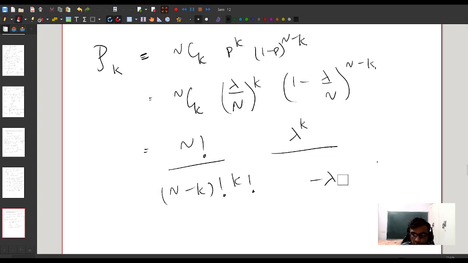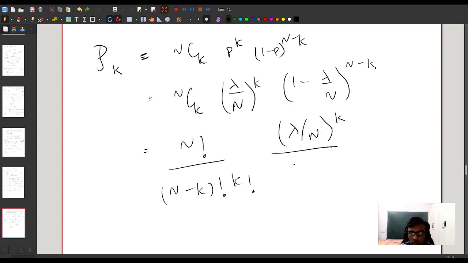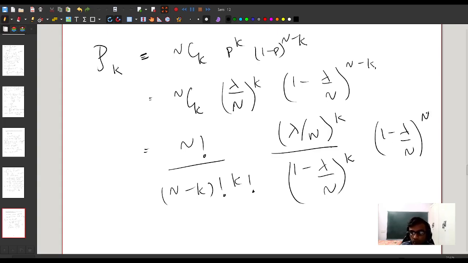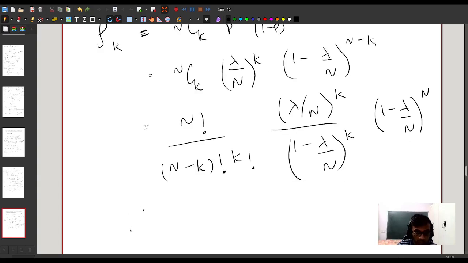It will be useful if we factor out a particular term. So this is the probability mass function. Let me write one more step.